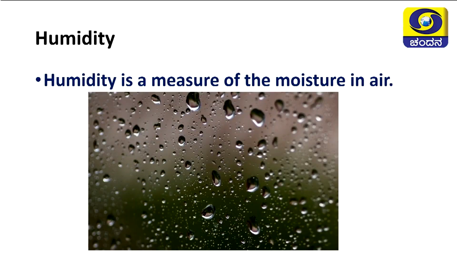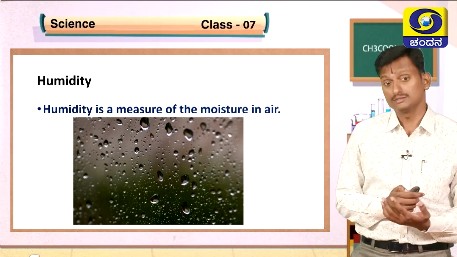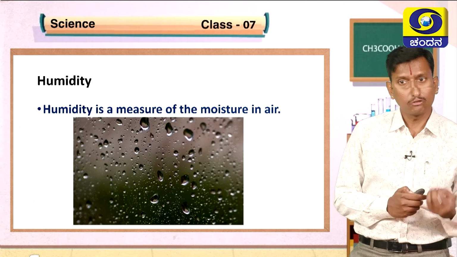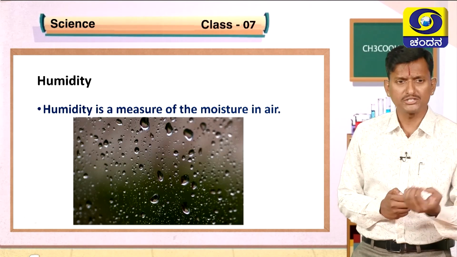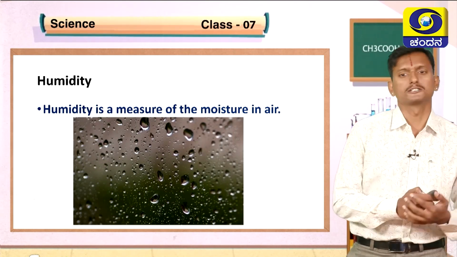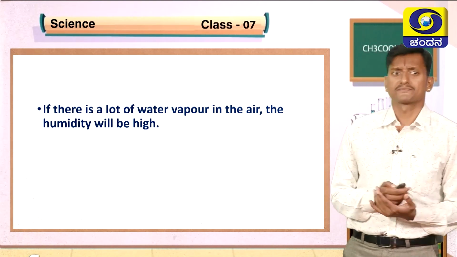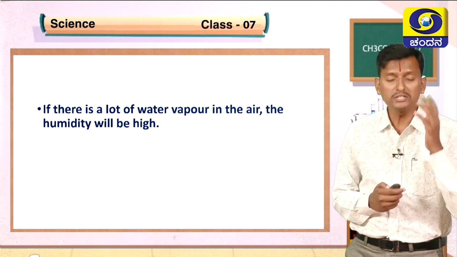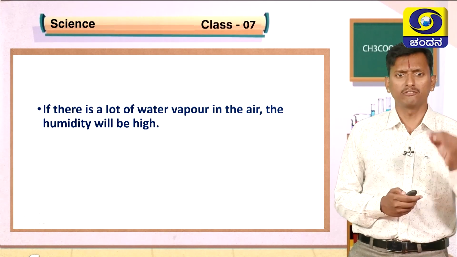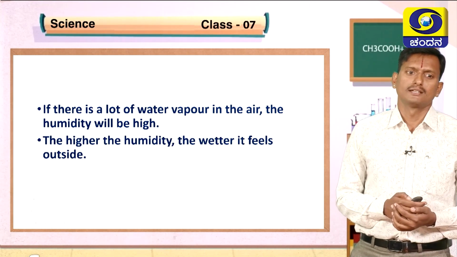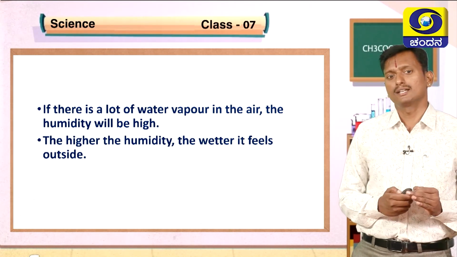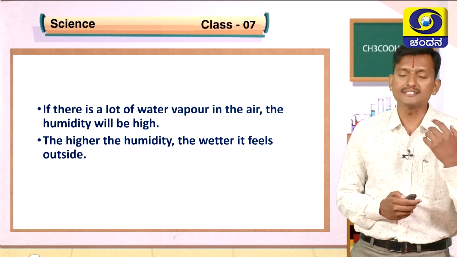In summer time, you will feel a little hot. It is due to the presence of moisture, or the amount of moisture in air, which is called humidity. Students, if there is a lot of water vapor in the air, the humidity will be high. The higher the humidity, the wetter it feels outside.